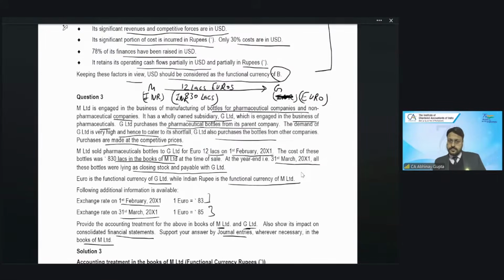The amount they are going to pay to M Limited is 85 now, but the difference between 83 and 85 does not matter, since cost or NRV, whichever is less. So the cost will be 83 only, and the 12 lakhs is held at year end as well.